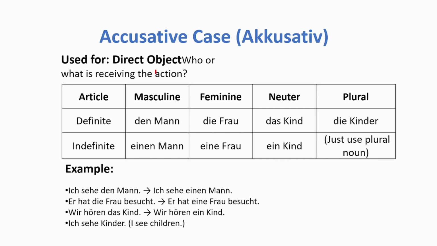Next is the accusative case. This case is used for direct objects, which means who or what is receiving the action. In nominative case, it is someone who does the action, and in accusative case it is someone or something that is receiving the action, right?